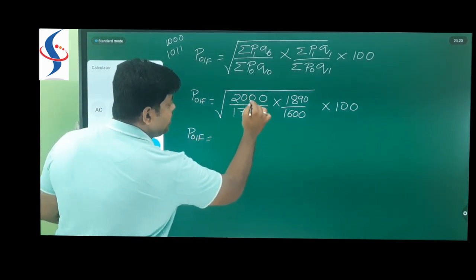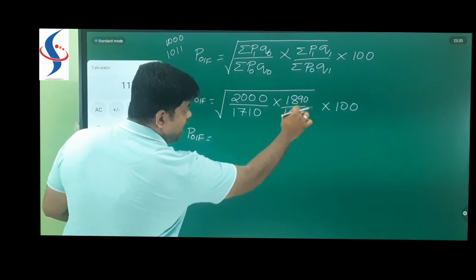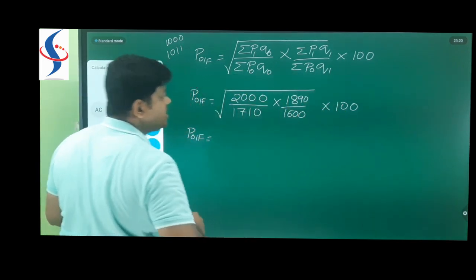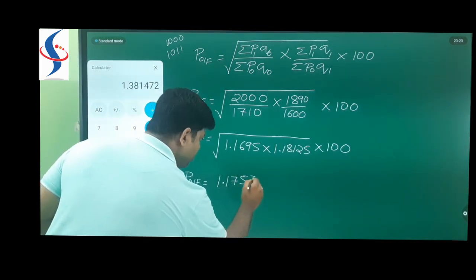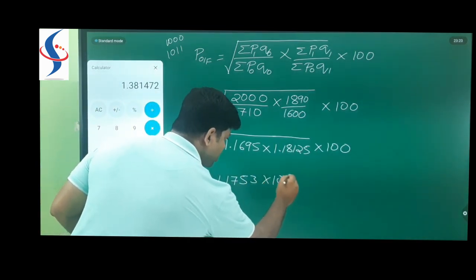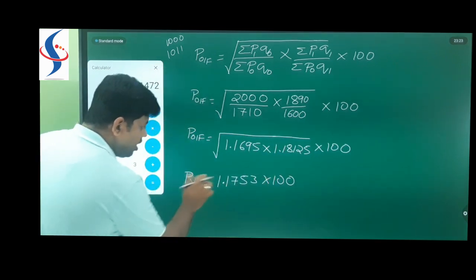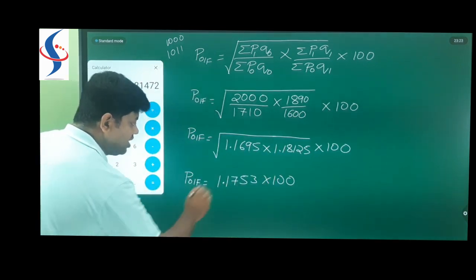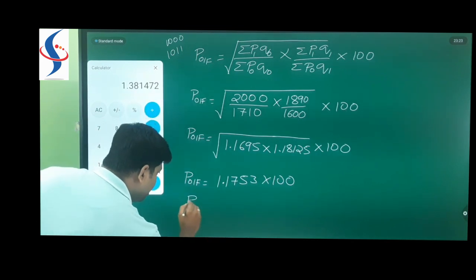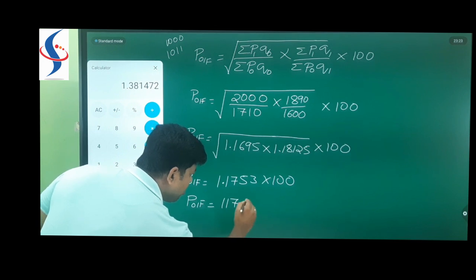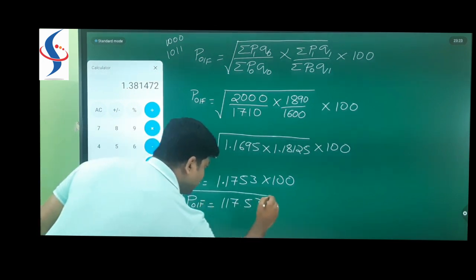First you have to divide this, then divide this, then multiply, take the square root and then multiply with 100. When you take the square root of these two multiplied, we get 1.1753, which into 100 gives us the answer 117.53. This is the final answer.